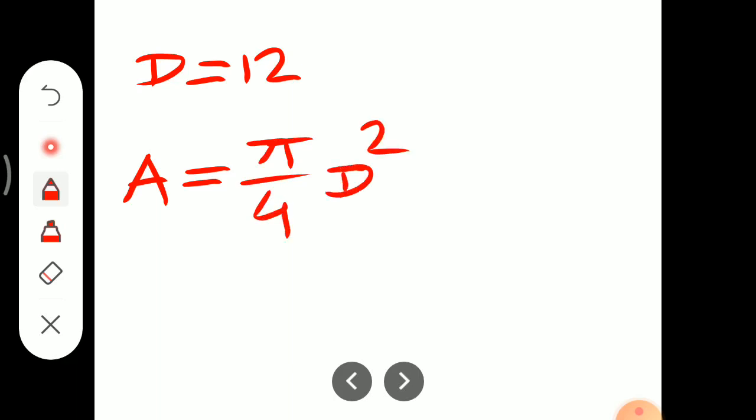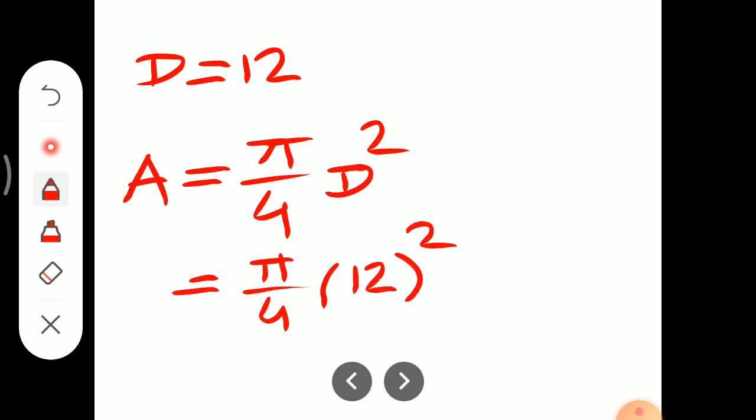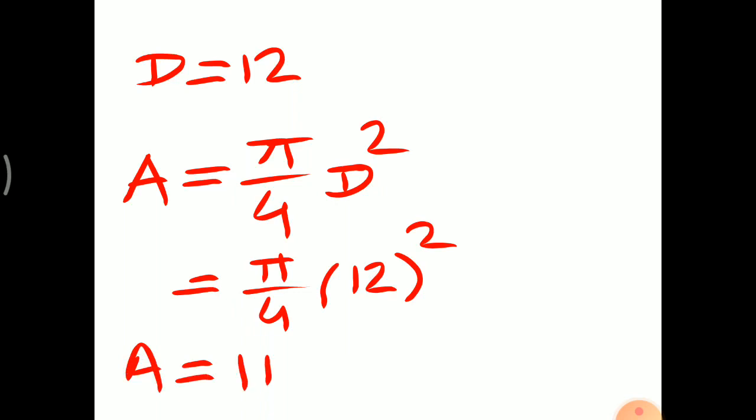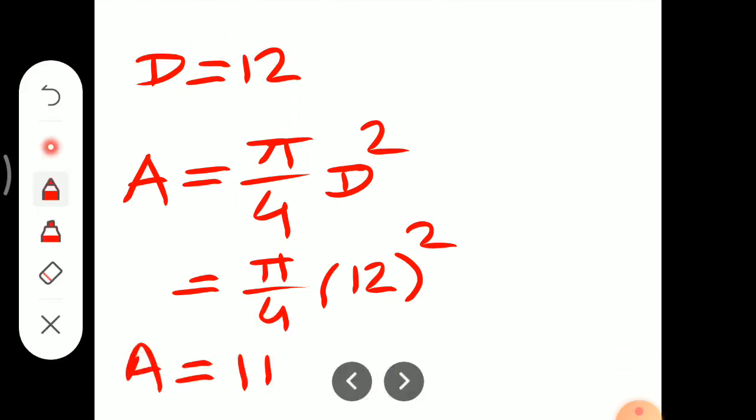Now put the value of d in the calculator, 12 and square. The area is equal to 113 mm square. This is our first term.